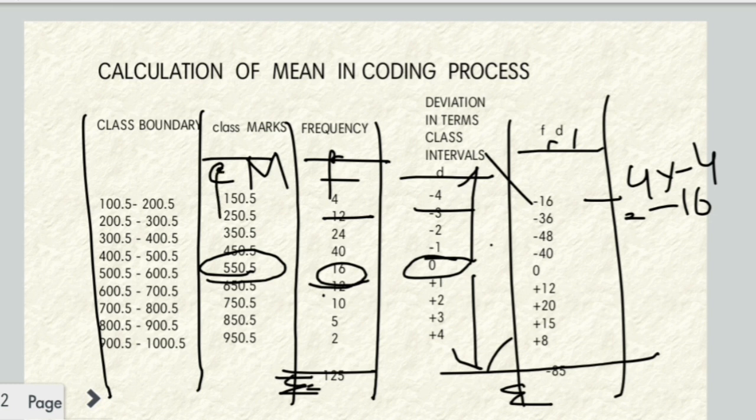In this table we follow the class marks column. The difference between two observations of class marks is 100. 150.5 is the first class marks observation and second 250.5, and the interval of class marks is 100.